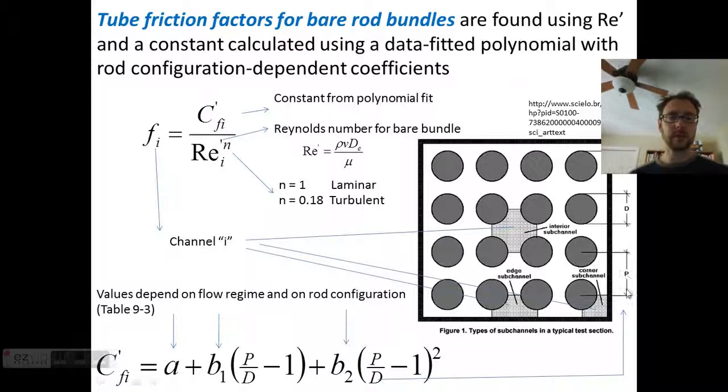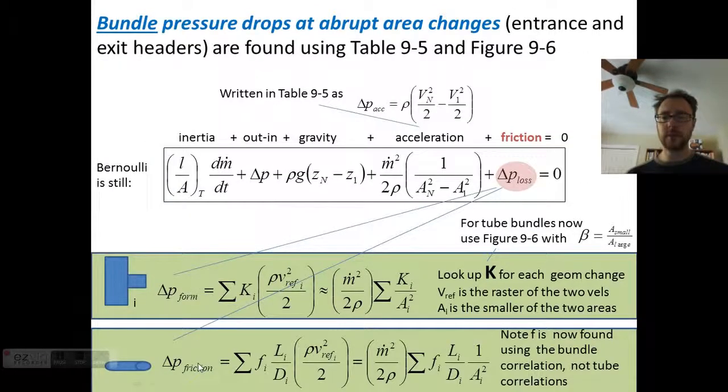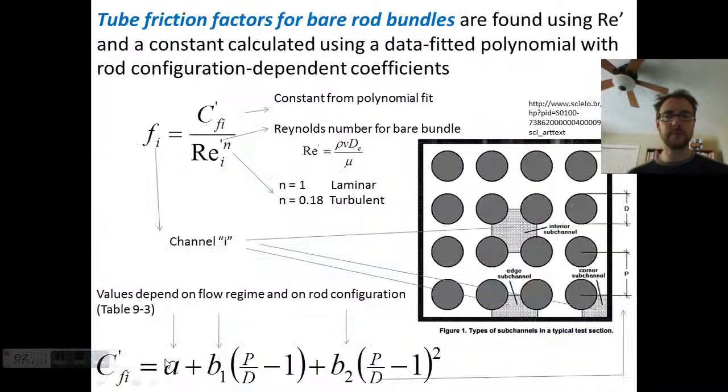It's the distance between fuel rod centers, I should more accurately say, over the diameter of the fuel rod. So we're going to use that to calculate CFI, P over D, and the quantities from the table that you would look up for rod bundle configuration friction coefficients from experiment. So this slide is about how to calculate F, which we needed to calculate the friction factor, which we need to calculate the friction pressure drop.